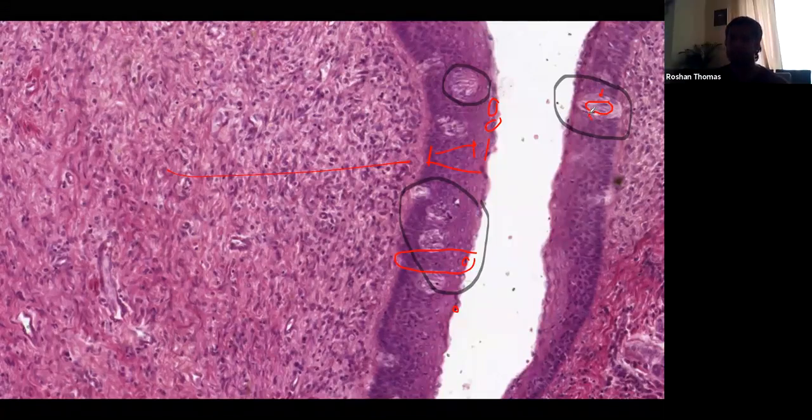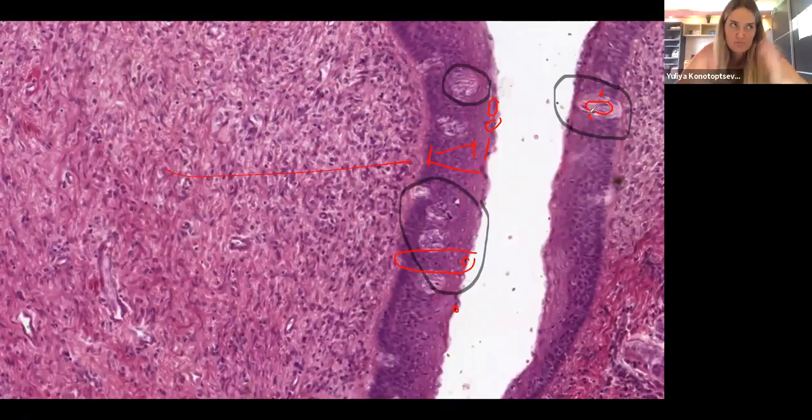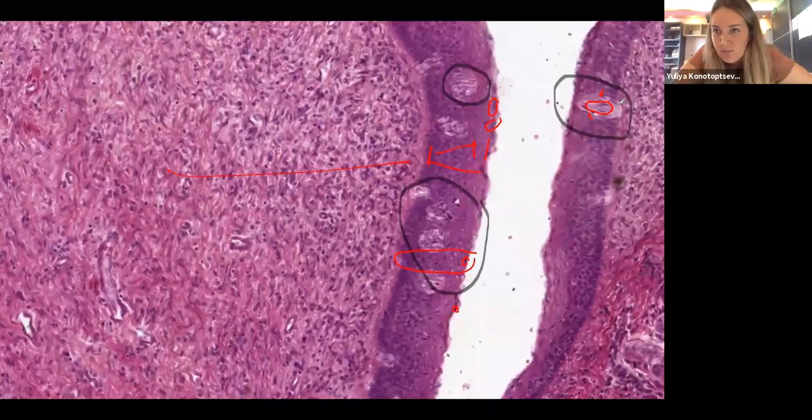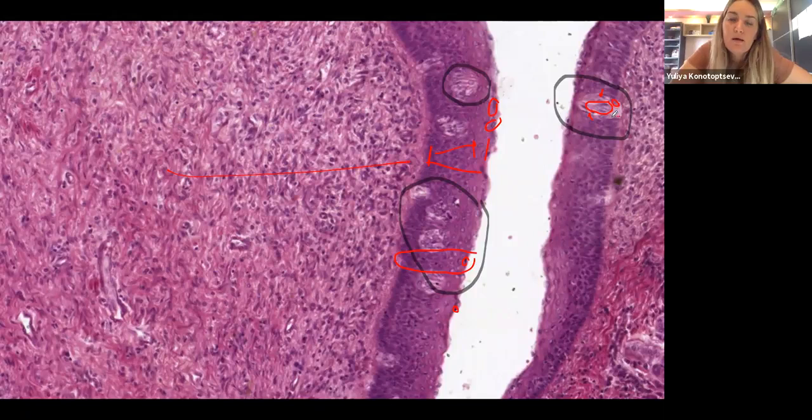Do I need to explain what supporting cells do? They support the taste bud. And at the bottom here, we have the basal cells. Basal cells are the stem cells that give rise to those two.